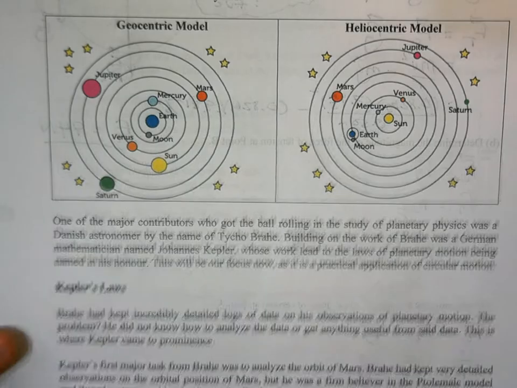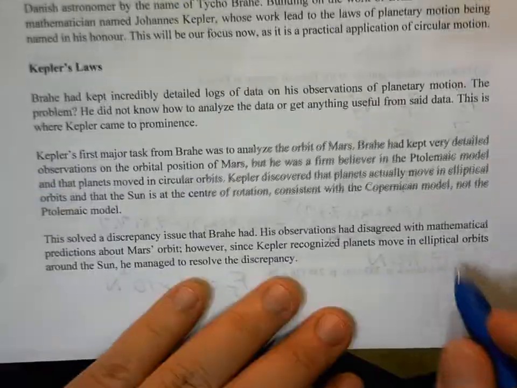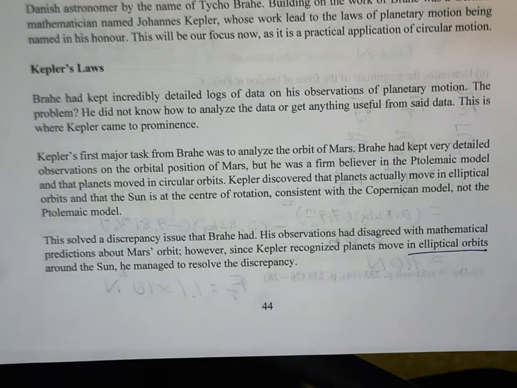And the big thing that Kepler recognized is that planets actually move in elliptical orbits. When he accounted for that, all the discrepancies between the observations and the data that Brahe recorded were resolved. So Kepler's ingenuity allowed him to make a lot of progress in astrophysics, hence why he has laws named after him. So we're going to look at them.